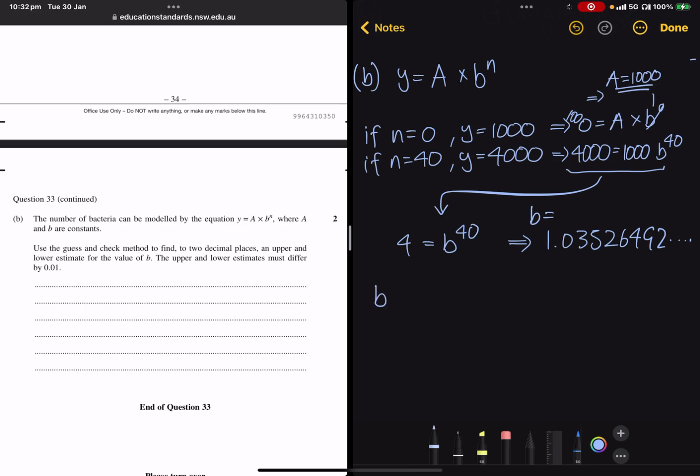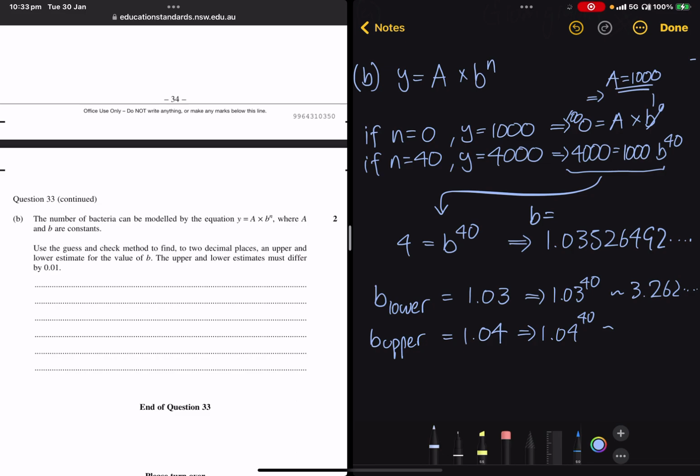You could say b lower is equal to 1.03, and b upper is equal to 1.04, and just test these. 1.03 to the power of 40 is about 3.262, and 1.04 to the power of 40 is 4.801.